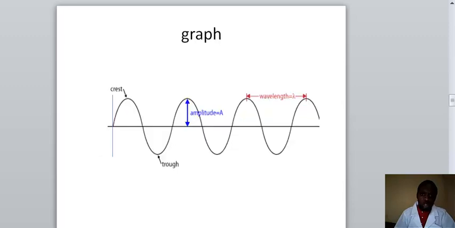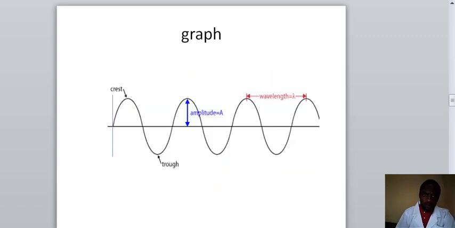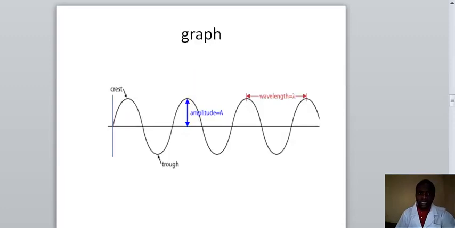Now let's look at the general graph for a wave, the transverse wave. When you look at it, we have some parameters that we must first of all observe before we can go into major work there. First, we have the crest.